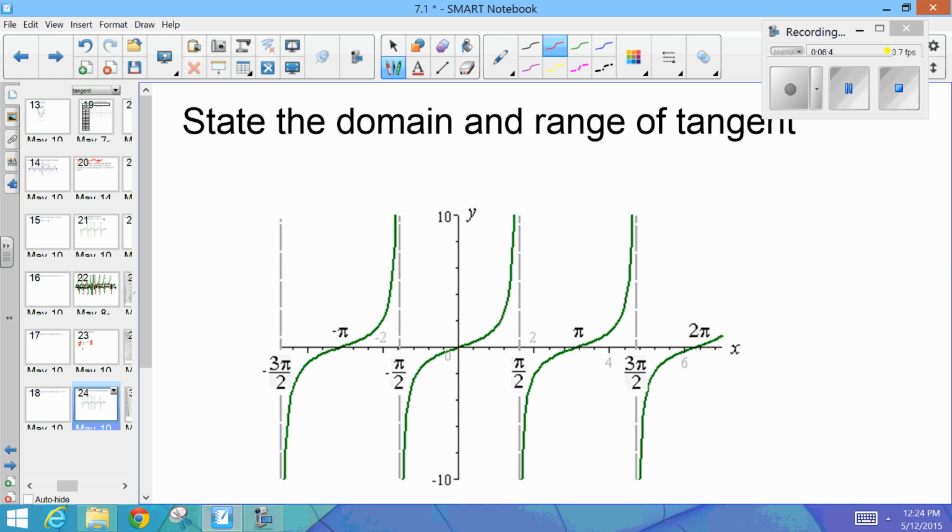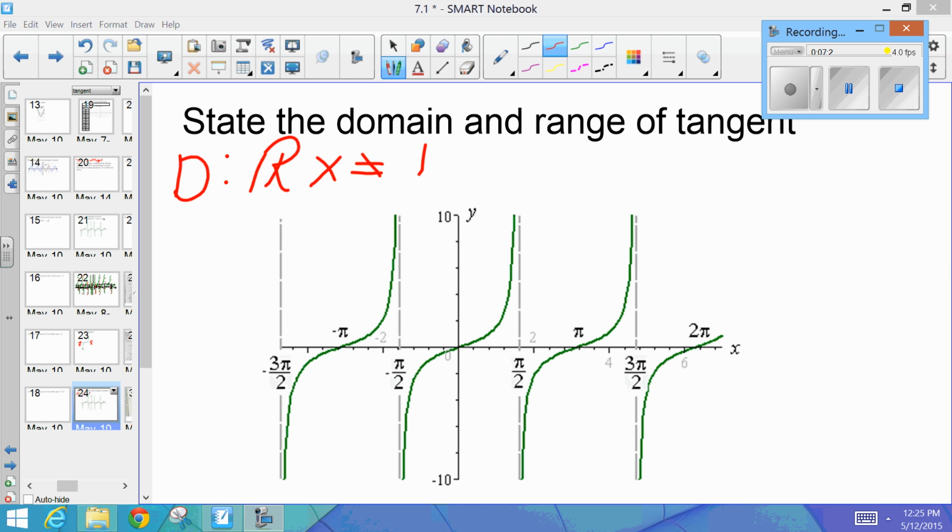Okay, so the domain and range. All of those vertical asymptotes are places that the graph does not exist, the function does not exist. So the domain is going to be all real numbers where x is not an odd multiple of pi over 2. Let me write it in English first.